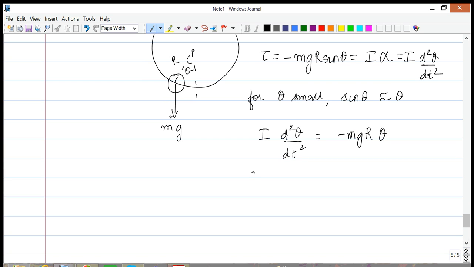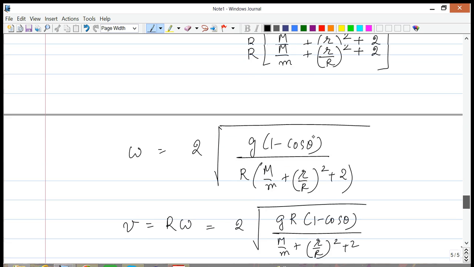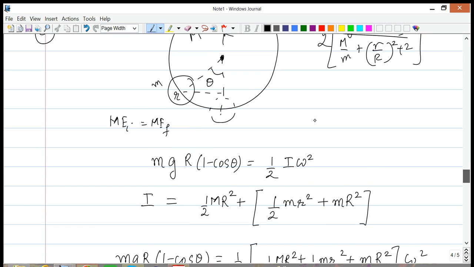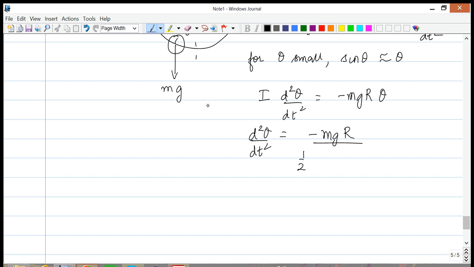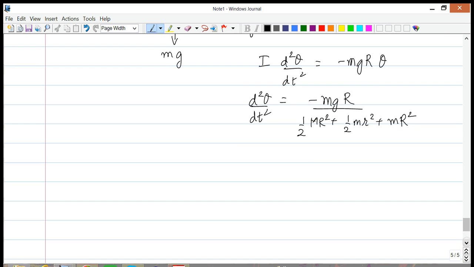And so this now tells me that d2 theta by dt2 is equal to minus mgR divided by I, and I, if you recall, is equal to 1/2 MR squared plus 1/2 m times lowercase r squared plus m times capital R squared. So this is all my I, and all this is multiplied by theta.